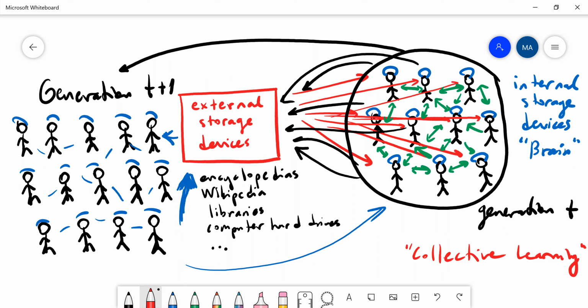This type of collective learning was not really operating for most of human history. It was there: there were storage devices, there were people, people would have ideas, people would have kids, so there were different generations.